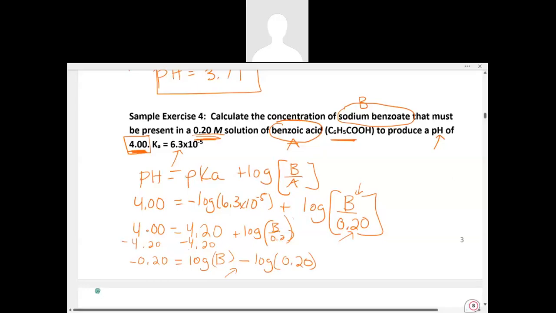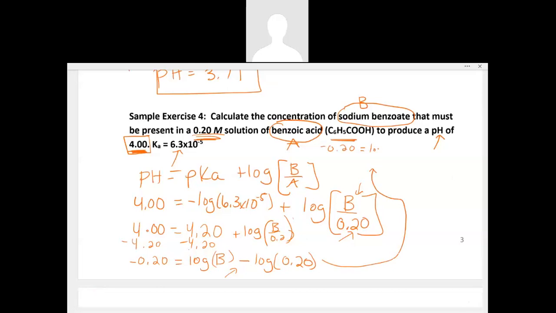So this is our rearranged form. Now if I take the log of that 0.20 value, I get negative 0.20 on one side equals log of B minus, and this value is also negative, so make sure to keep track of your negatives, minus negative 0.699, which is really positive 0.699.